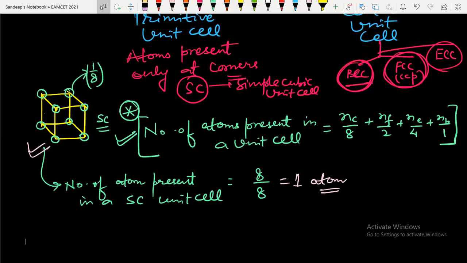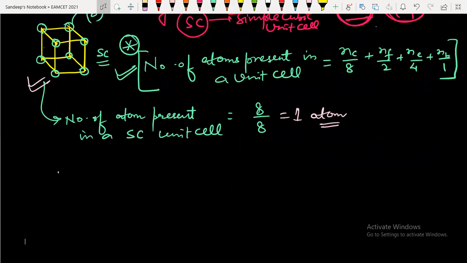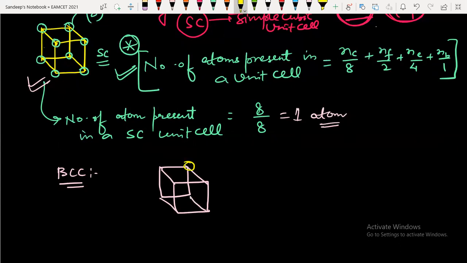Now let's see the number of atoms present in BCC. So let me draw the structure of BCC. This is the body atom, and these are the corner atoms.